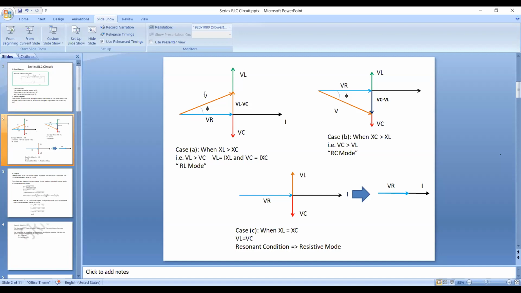Then the closing side of the triangle gives the supply voltage V, which is nothing but the hypotenuse of the right-angled triangle.